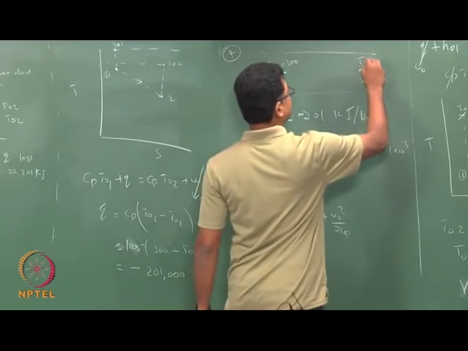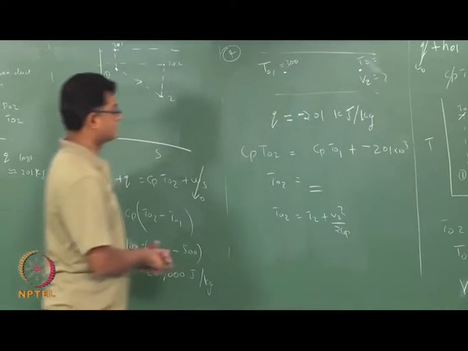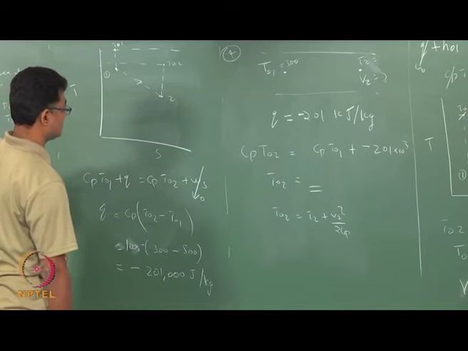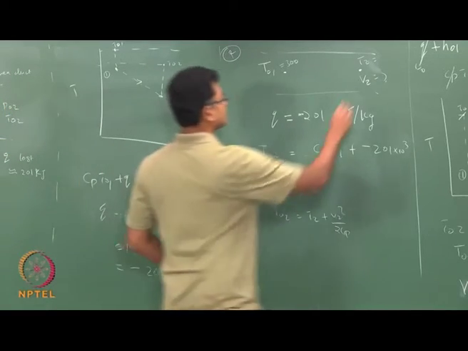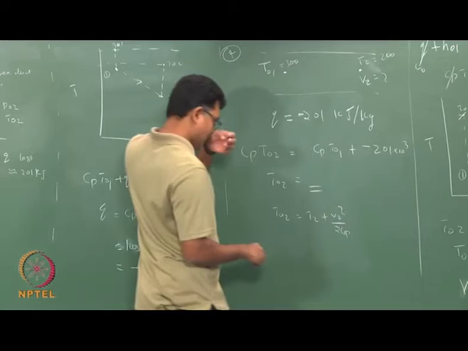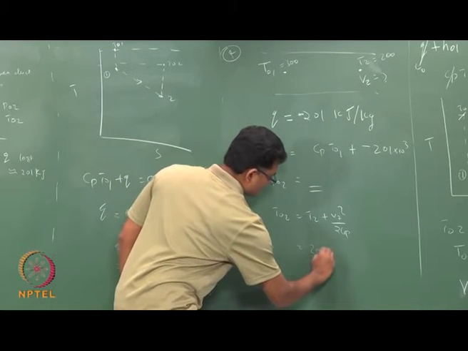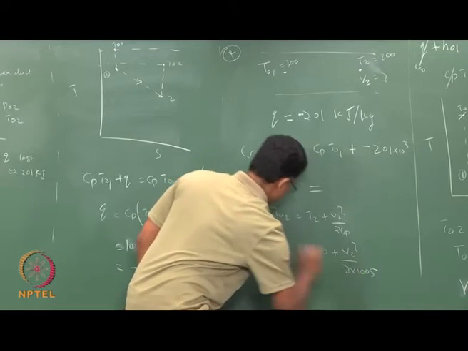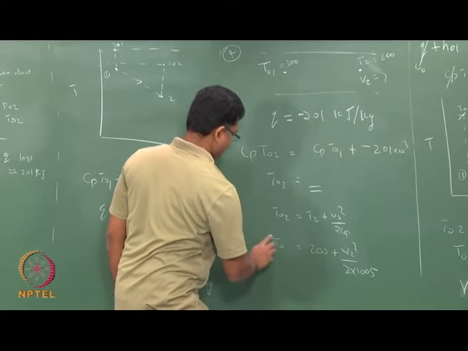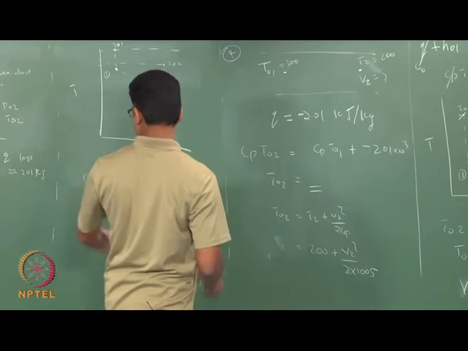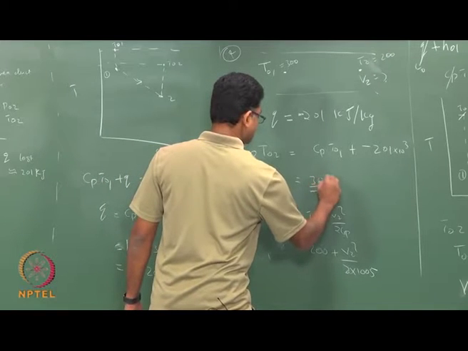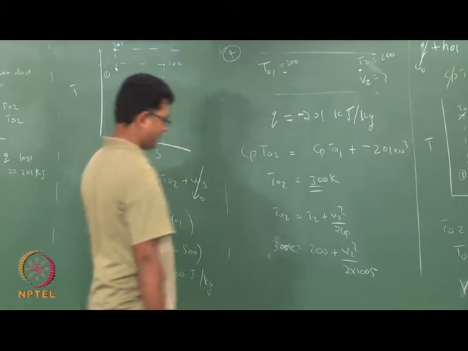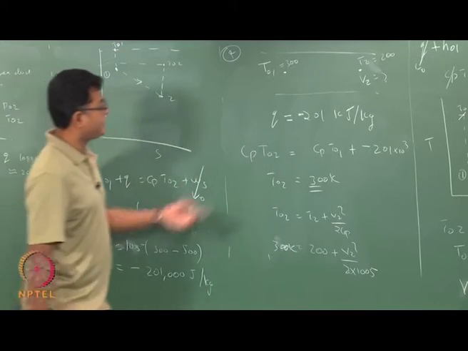Okay. So, let us assume T2 to be some value, say 200. Okay. So, you can find your V2.